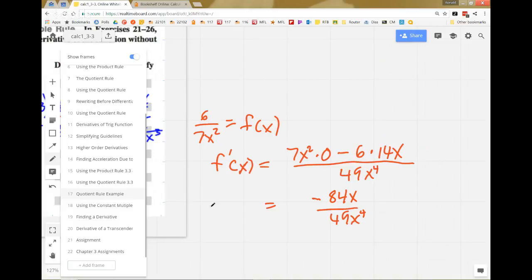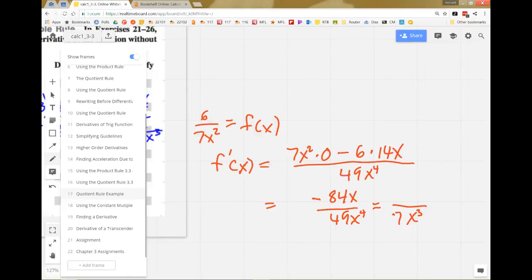Well, 7 goes into both. 7 goes on the bottom. We wind up with x cubed on the bottom because the x cancels.